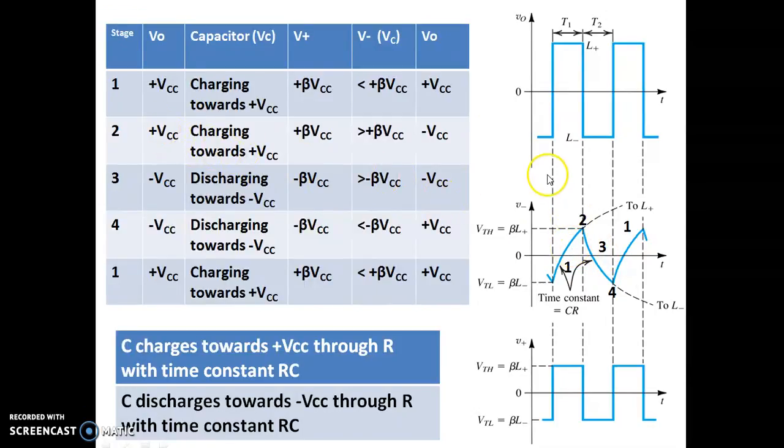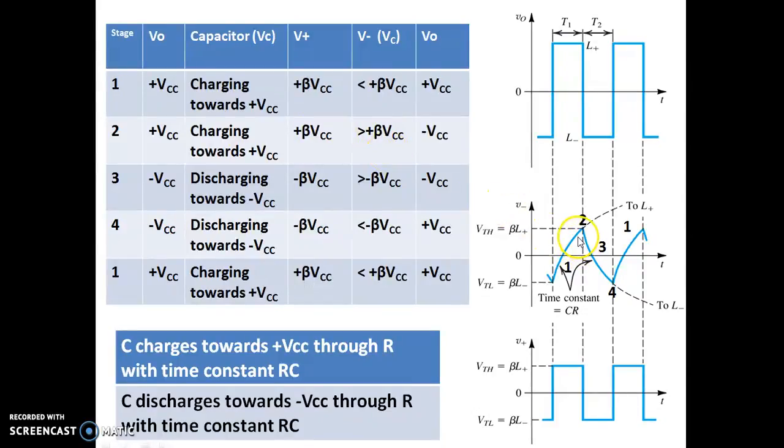Now this is stage 2, exactly at this point. Assume that the output voltage is plus VCC. The capacitor will keep on charging, and the voltage at the non-inverting terminal is plus beta VCC.